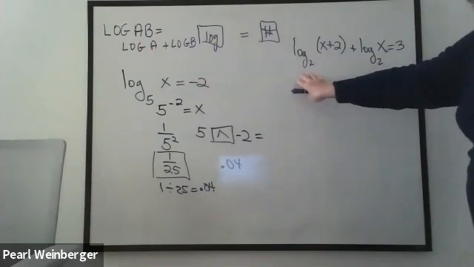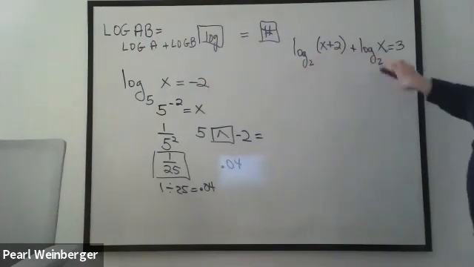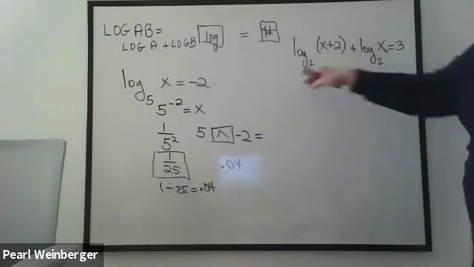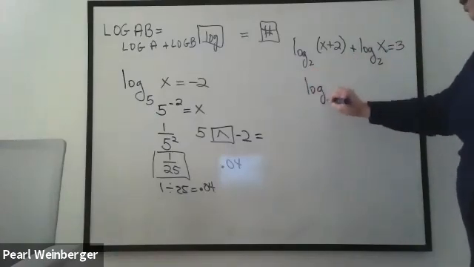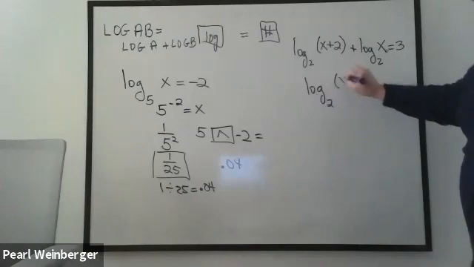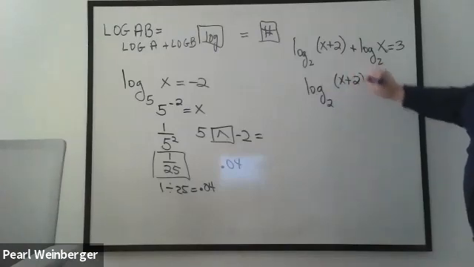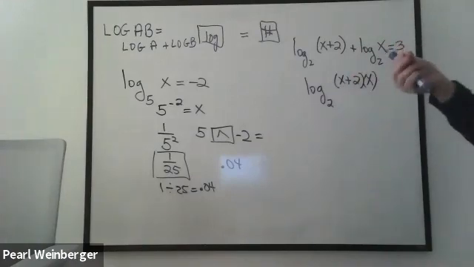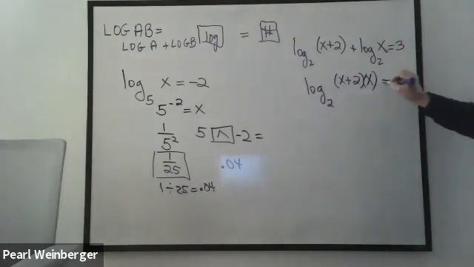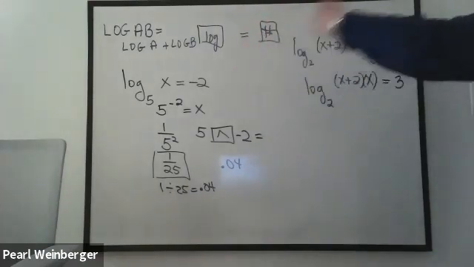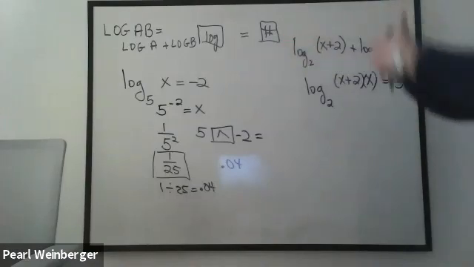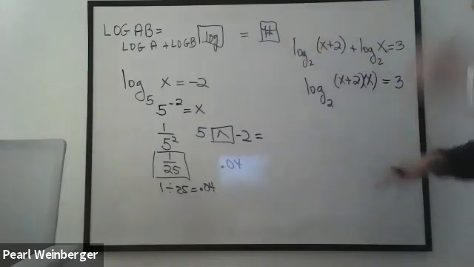So I could go backwards on this. Since these two logs are being added, it must have meant that originally what I had was the x and the x plus 2 being multiplied. In other words, this is the expanded version. Let's go from the expanded version backwards to the contracted version.